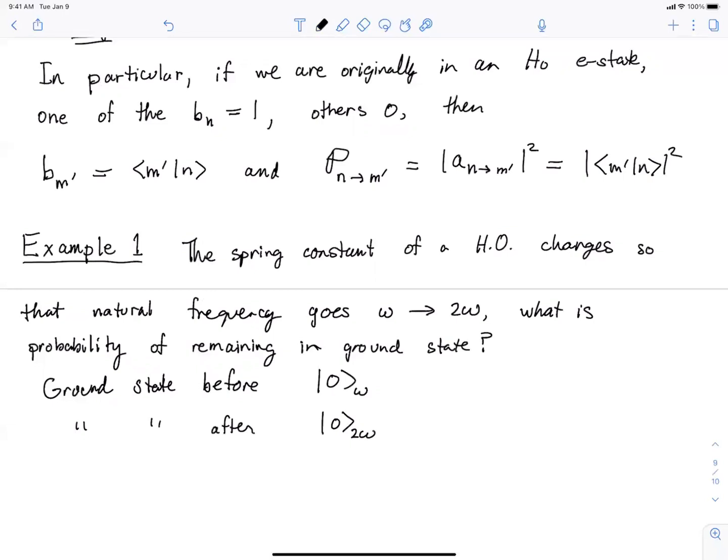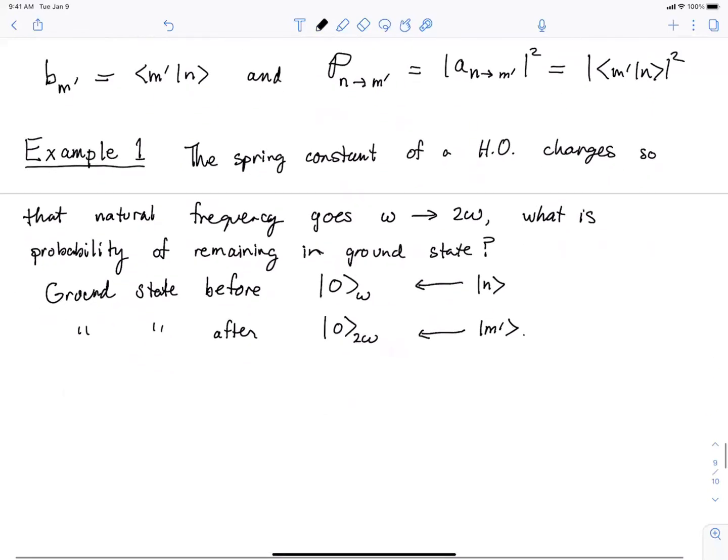One of them is playing the role of what we called n. The second one is playing the role of what we called m prime. Okay, and so our probability of remaining in the ground state is the probability of going from the omega ground state to the 2 omega ground state, which is this matrix element squared.